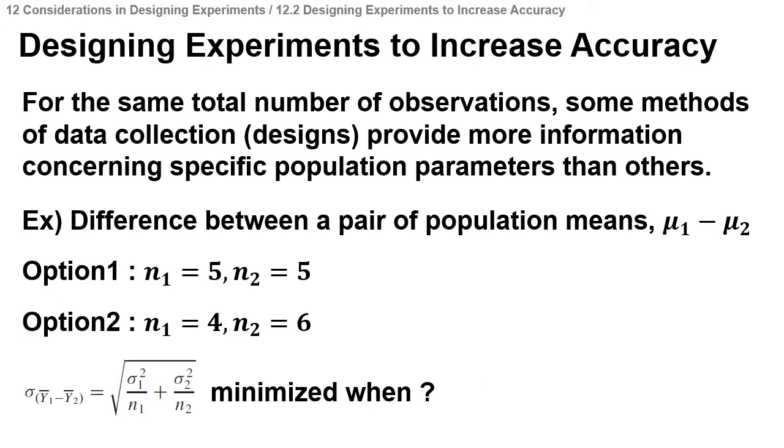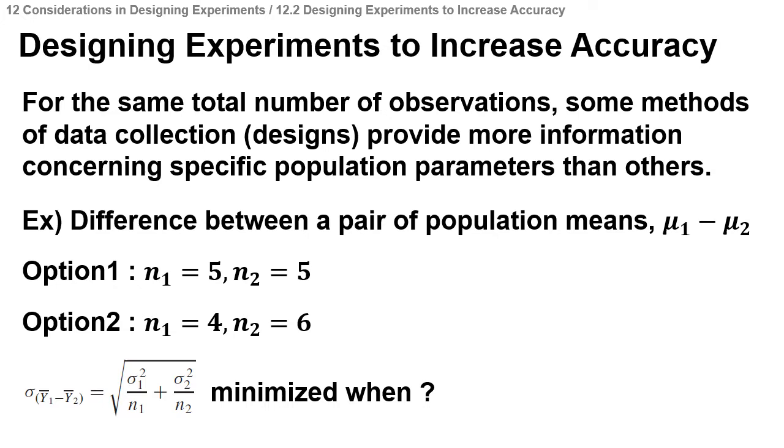We will learn about this kind of question in this chapter. Okay, let's move on to chapter 12.2, designing experiments to increase accuracy. For the same total number of observations, some methods of data collection provide more information concerning specific population parameters than others. Let's consider this example: the difference between a pair of population means, mu1 minus mu2.